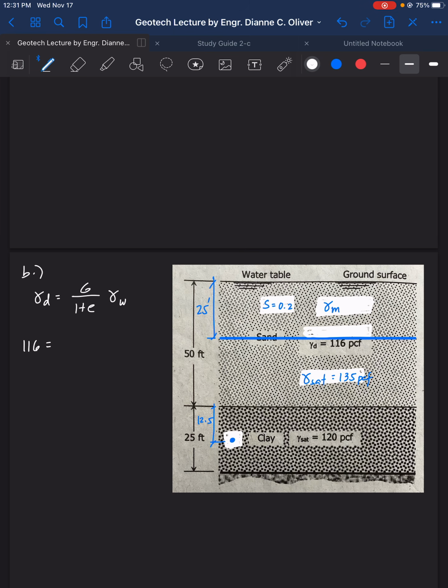Now specific gravity is not given, so it's unknown, as well as the void ratio. And then we have gamma of water 62.4 because we're using English. So since there are two unknowns, we need two equations. And we can use the other one, the gamma sat, for the second equation.